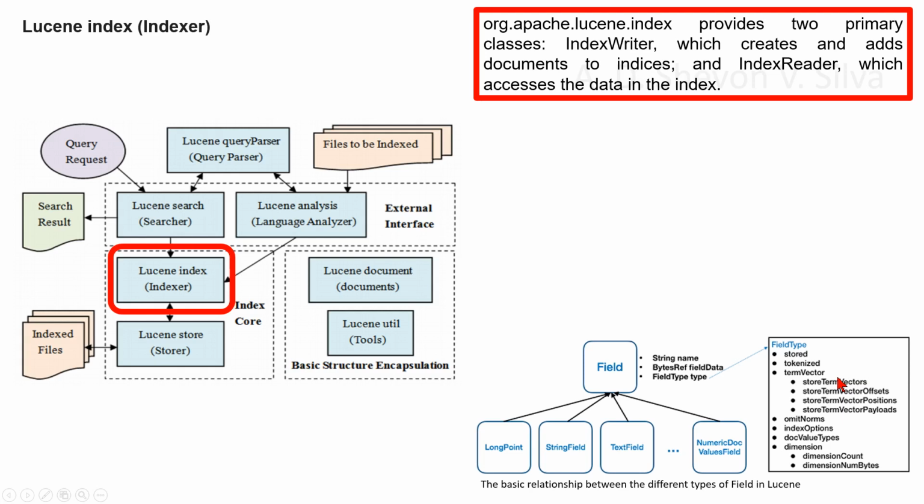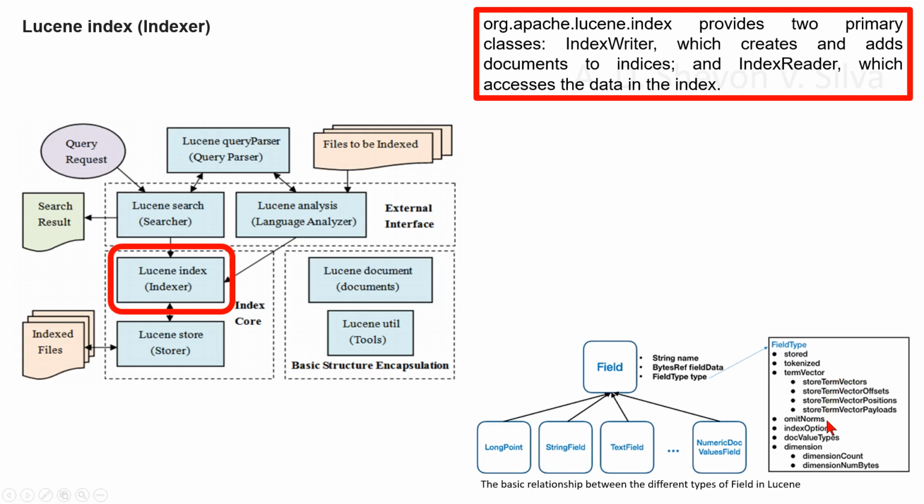It is not recommended to enable term vector for short fields, because all the term information can be obtained by tokenizing once again. However, it is recommended to enable term vector for longer fields, that is, fields with high tokenization cost. There are two main uses of term vector. First is keyword highlighting, and the other is similarity matching between documents, more like this.